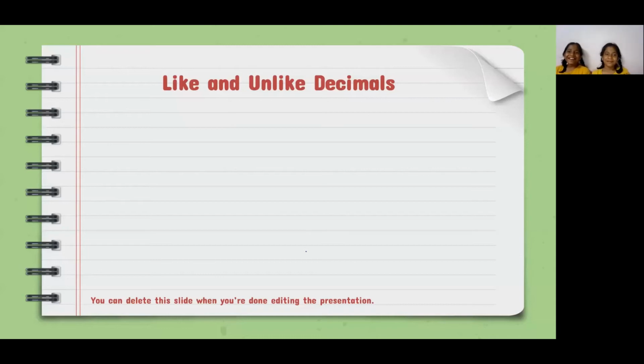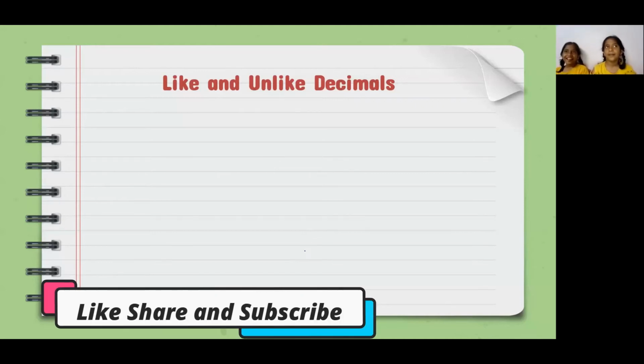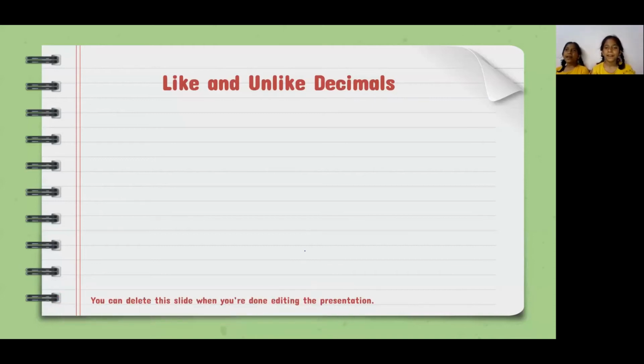Is there any relationship between fractions and decimals? Yes, sir. There is a relationship between fractions and decimals. In decimals we give a point after the whole part, and in fractions there is a numerator and denominator.